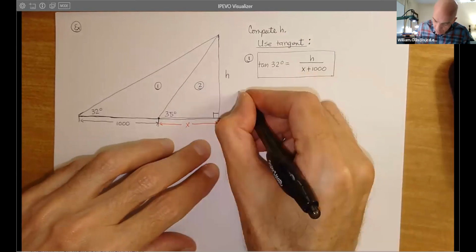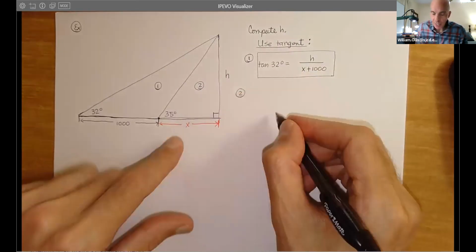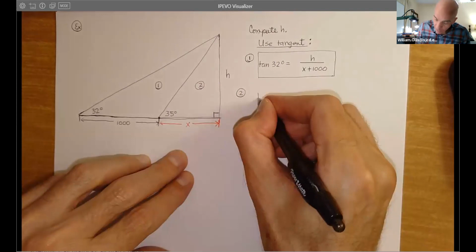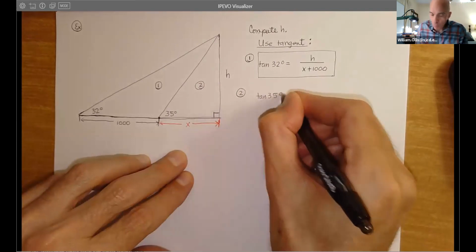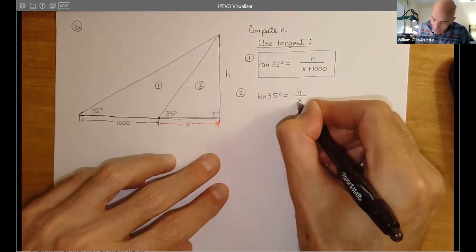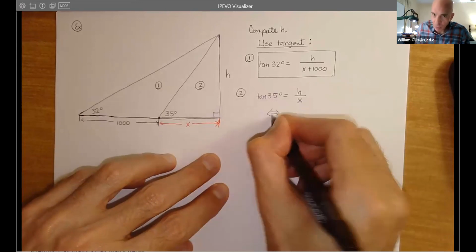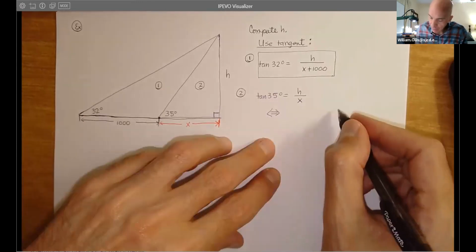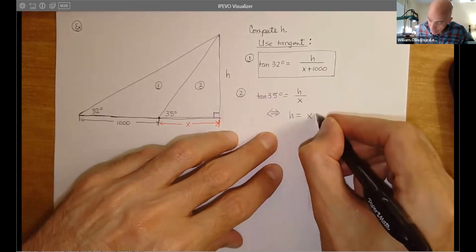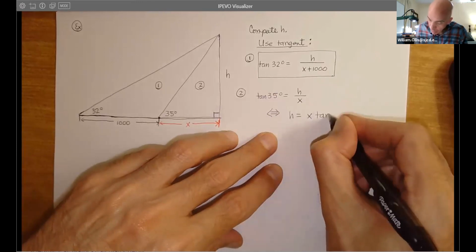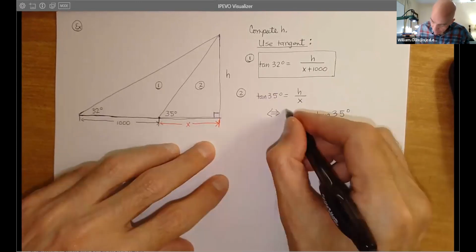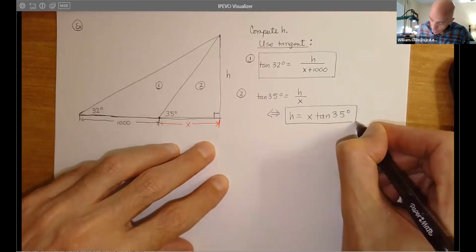Now for the smaller triangle, we can do the same thing again. We can use tangent again and get an equation that has H and X in it. Tangent of 35 degrees will be the opposite over the adjacent, or H over X. So now we can get two equations for H. H equals X times tangent of 35 degrees; we'll call that 2.